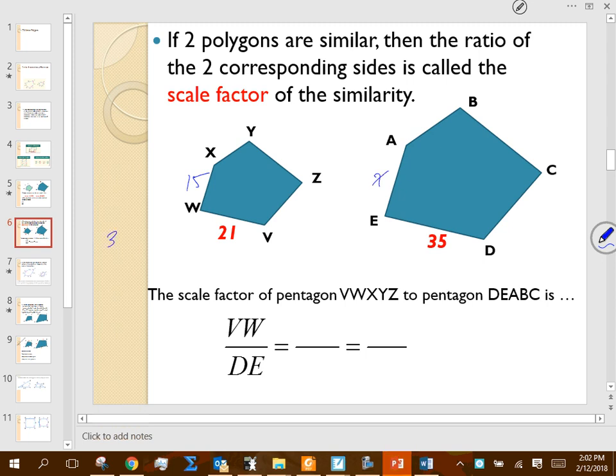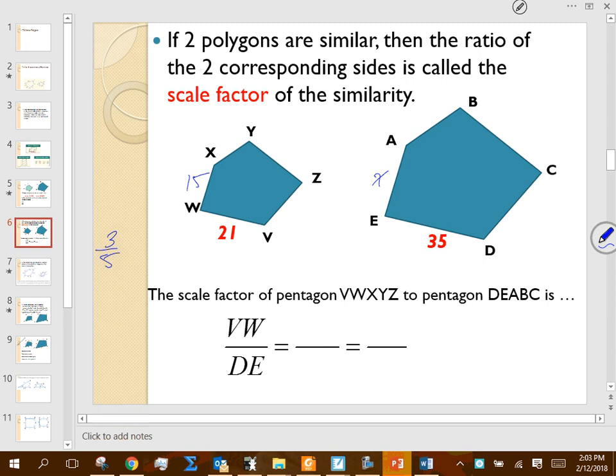But you know the scale factor is 3 to 5. And what that means is that every side length of the figure on the left is 3/5 the size of the side lengths on the right, correct? Or I could say that the ones on the right, in figure A, B, C, D, E, are 5/3 the size of the ones on the left, correct?